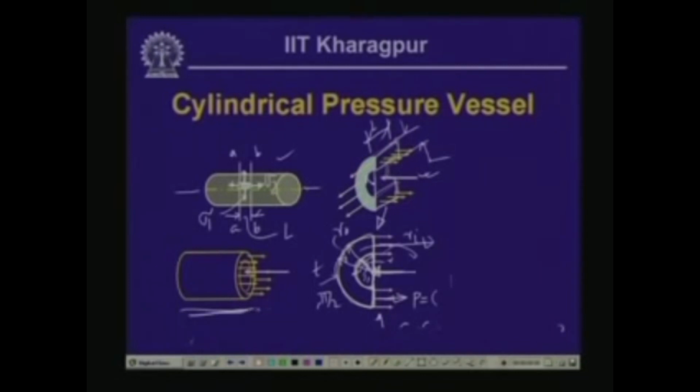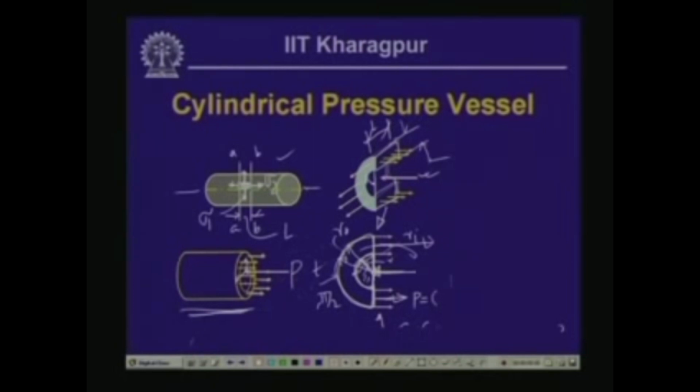Here you see that we have internal pressure acting on this particular surface, and the thin wall is subjected to the forces in this form, which resist this internal pressure. Let us write in terms of internal and external radius. This is the internal radius and this is the external radius.